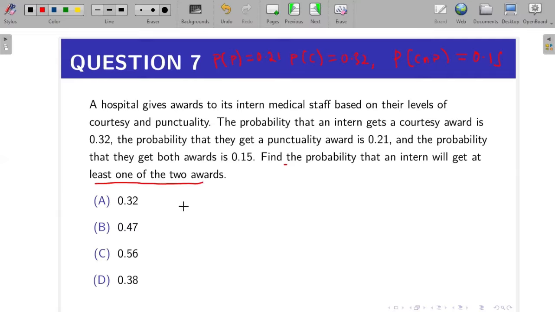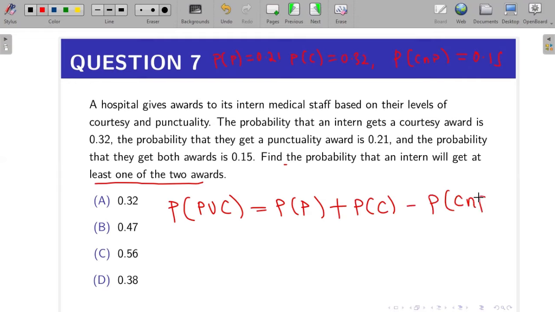At least one of the two awards means that they can get just one award or they can get both of the awards. So that is the probability of P union C, which will just be the probability of P plus the probability of C minus the probability of C intersection P. So this will be 0.21 plus 0.32 minus 0.15.